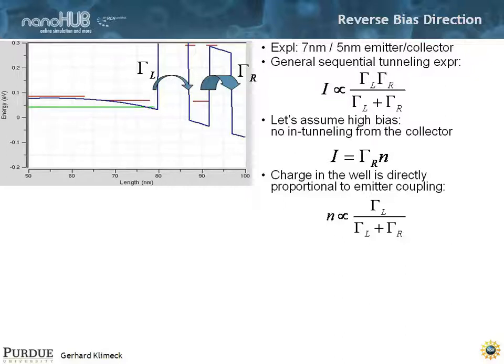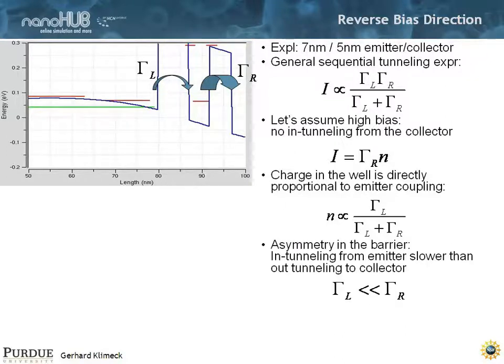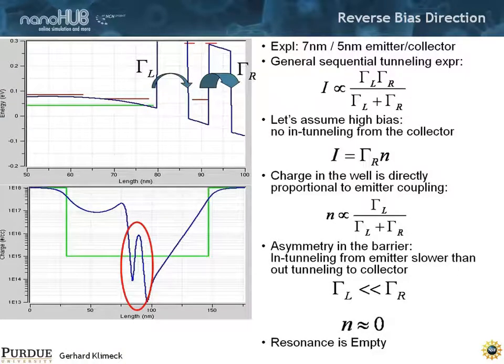Okay, so if it's flipped, let's walk through that. If gamma left is much smaller than gamma right, and we substitute that in this equation for n, that means basically n is 0. There's no charge in the emitter, in the collector, not even in the central well. That means just intuitively, you hop in at a certain rate, but as soon as you hopped in, you hopped out.